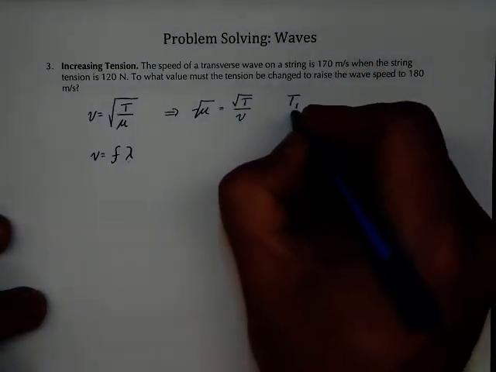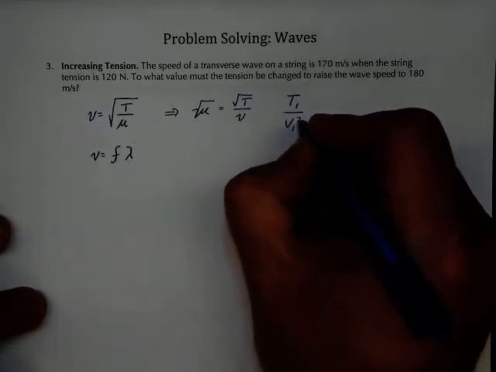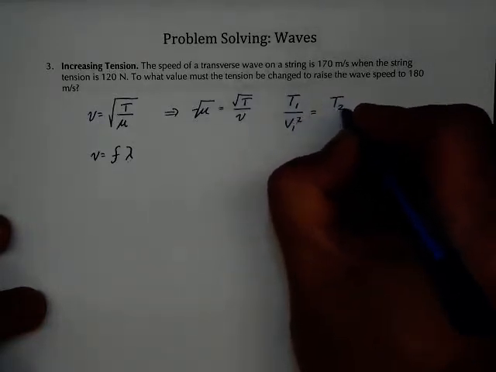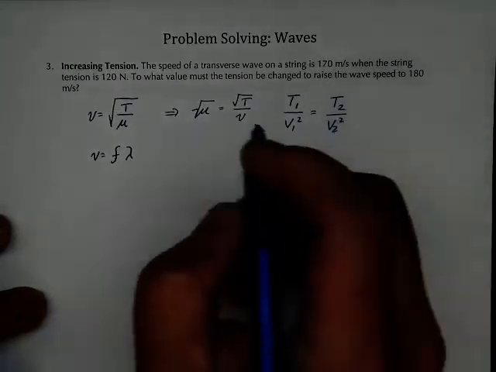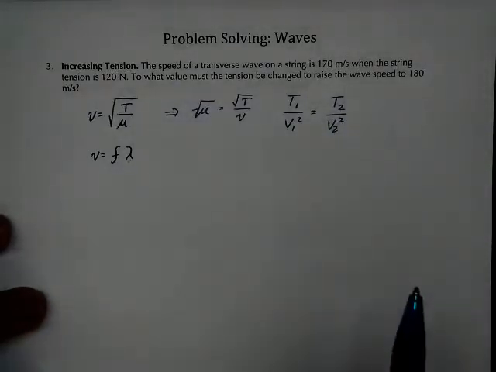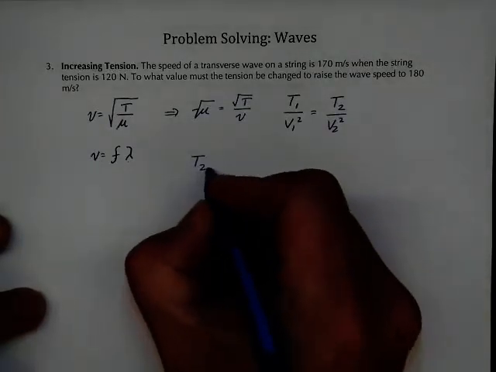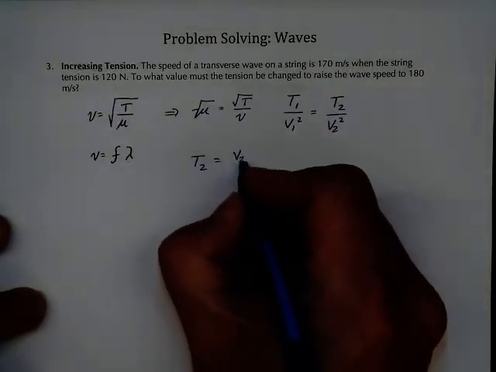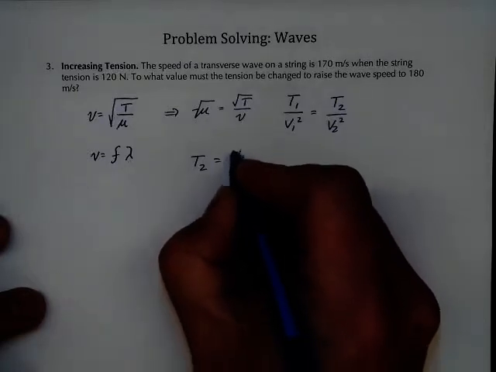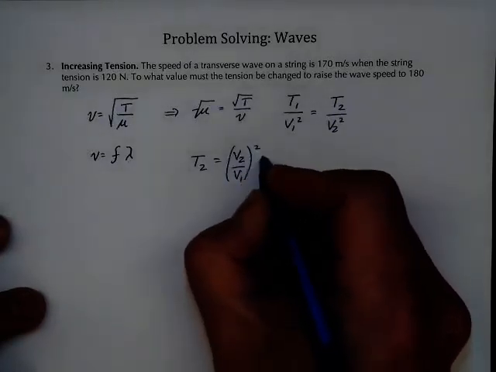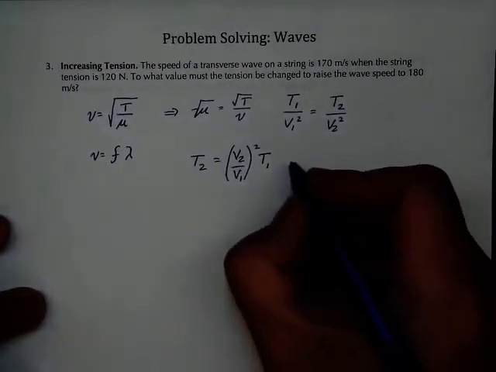So I could say T1 over V1 squared equals T2 over V2 squared, again, because the mass density is the same in the string. I haven't changed the string out. So I'm looking for the tension in scenario 2. That's going to be V2 over V1 quantity squared times the tension in string 1.